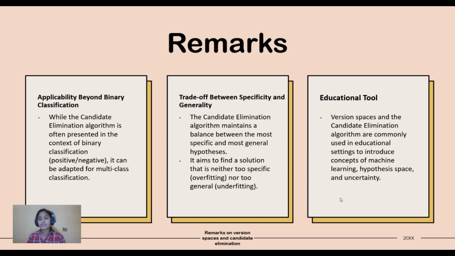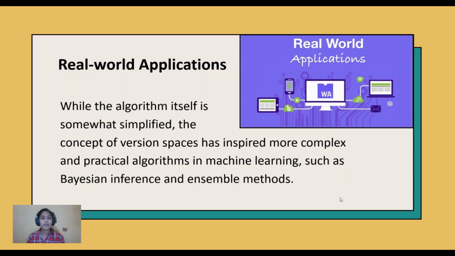The next one is educational tool. Version space and the candidate elimination algorithm are commonly used in educational settings to introduce concepts of machine learning, hypothesis space, and uncertainty. Last one, real world application. While the algorithm itself is somewhat simplified, the concept of version space has inspired more complex and practical algorithms in machine learning, such as Bayesian inference and ensemble methods.